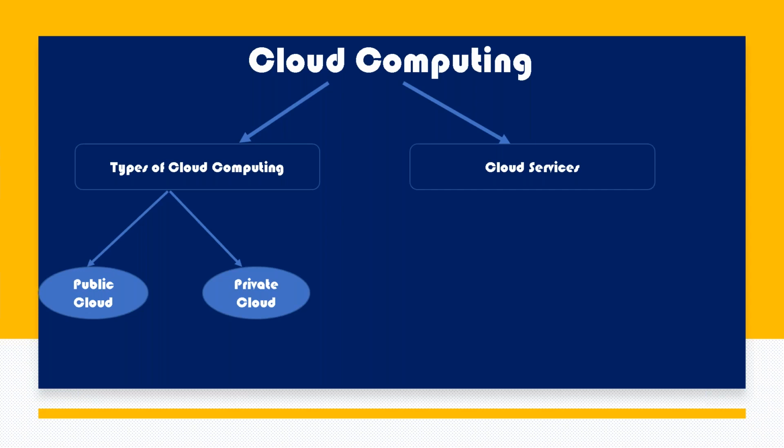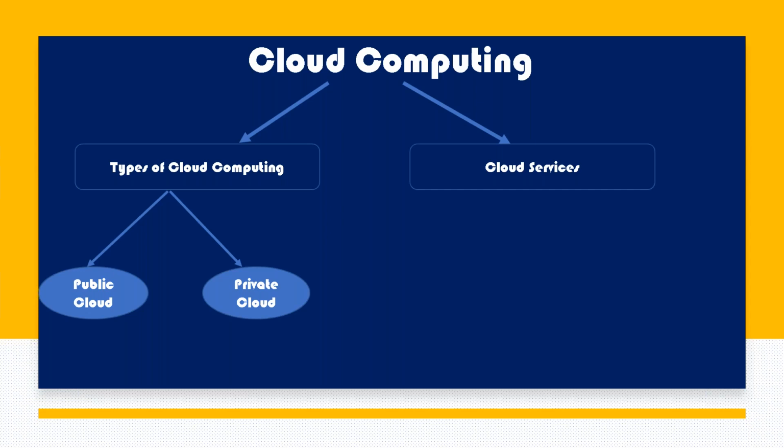This will be easy for users to handle. So I need cloud features but I don't want to go with a third party or the public cloud. I don't want to share my data in a public cloud environment. I need it in my own cloud environment, so I can go with a private cloud.